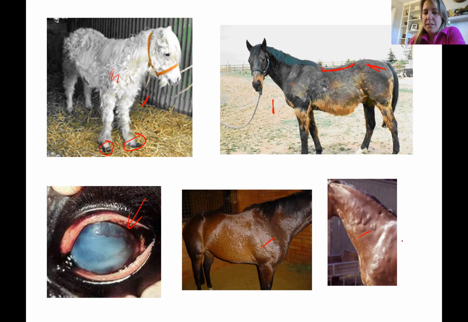A lot of the times, hives come and go as soon as the horse is removed from the offending mechanism. But a lot of the times they can get fever, they start to scratch themselves, which can hurt them. So you treat that also with steroids or anti-inflammatory drugs because it's an allergic reaction.